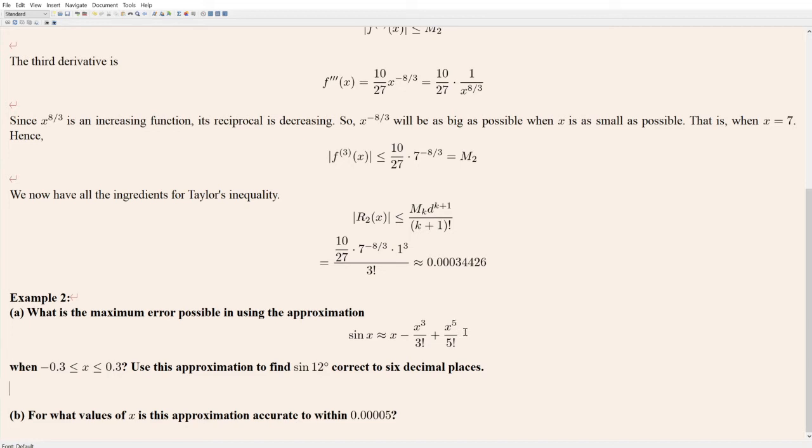So this is just the first 3 terms of the Taylor expansion. And we are restricting ourselves to values of x between negative 0.3 and 0.3. So what is the maximum error possible in using this approximation? Well, in this case, we could use the alternating series approximation theorem, because the expansion for sine x is alternating.